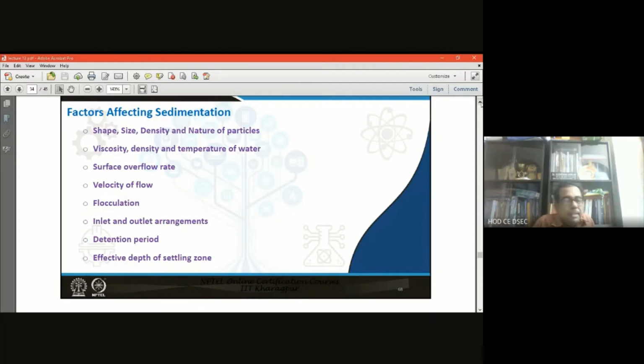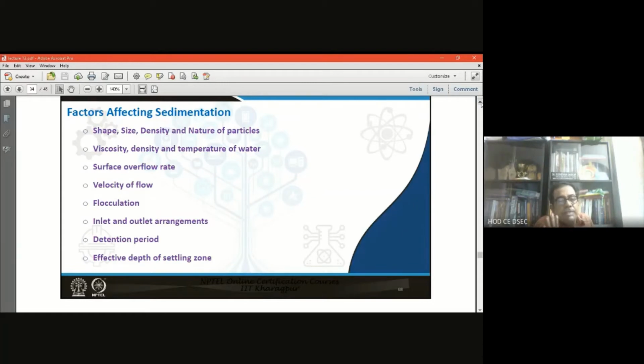Detention period is very important. The most important parameter is the detention period of the sedimentation tank. Detention period means the time during which the water will be detained in the tank. If V is the volume of the tank and Q is the flow into the tank, then V by Q is simply the detention period.